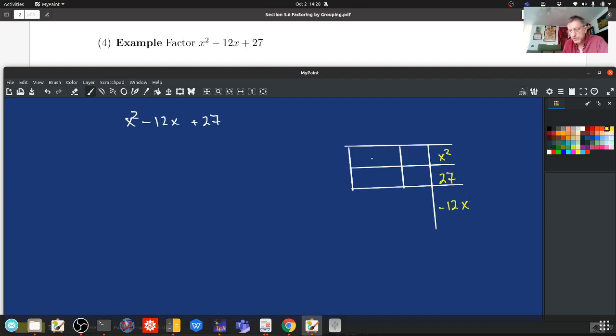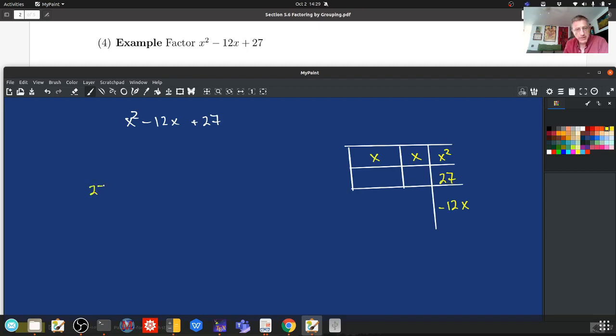So again, this is a monic polynomial, so I have no choice but to put x and x there. Here again, we have a negative middle term and a positive constant term. That means whatever I choose for 27, I have to put both negatives here.